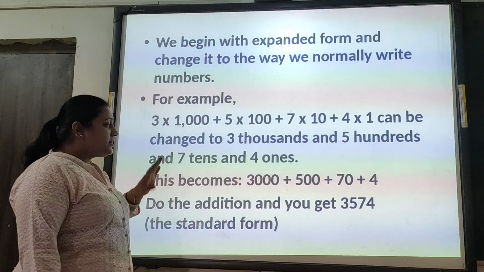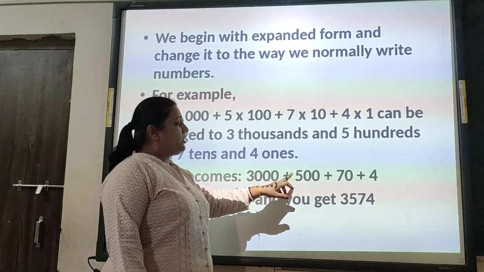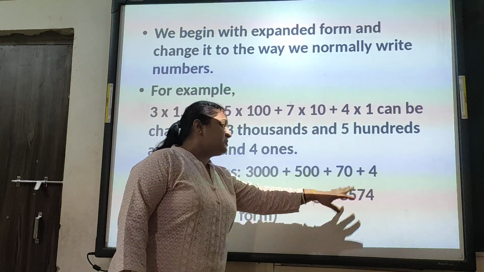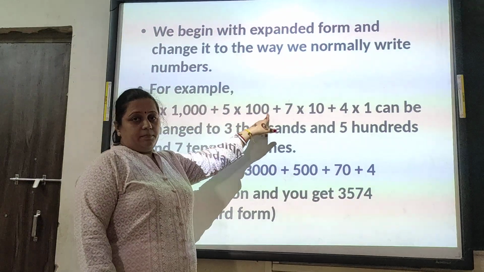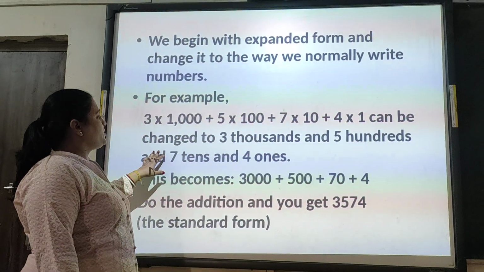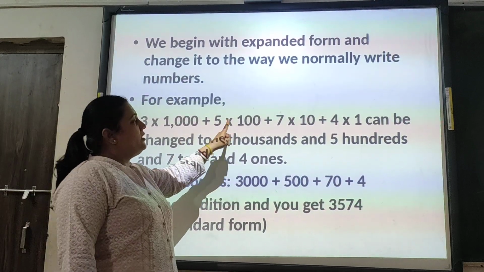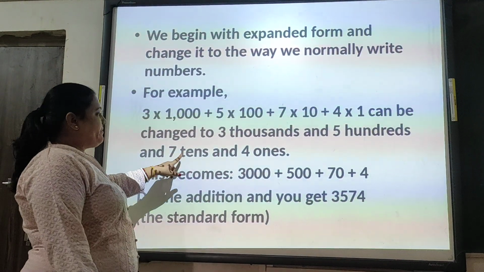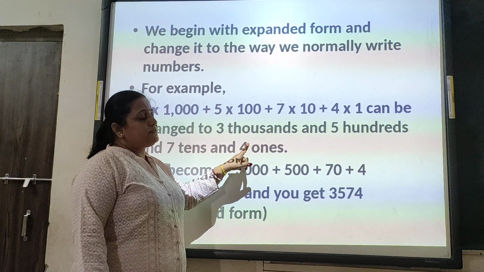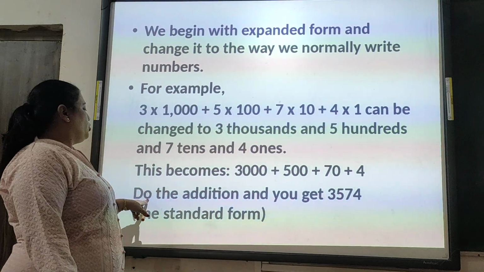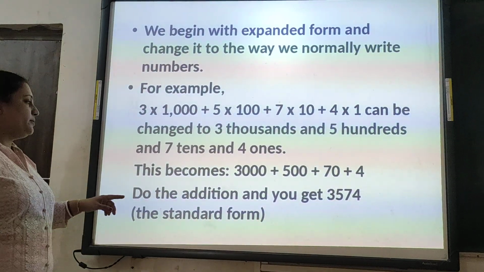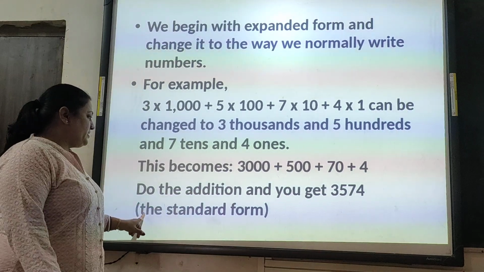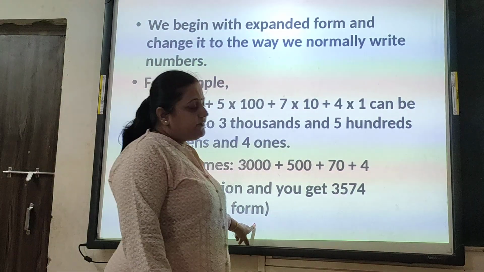Means you can write in three ways. Like this also, 3000 plus 500 plus 70 plus 4, or like this also in the multiplication and addition notation, or like this, 3000 plus 500 plus 7 tens plus 4 ones. Okay, so do the addition and you get the number 3574, which is the standard form.